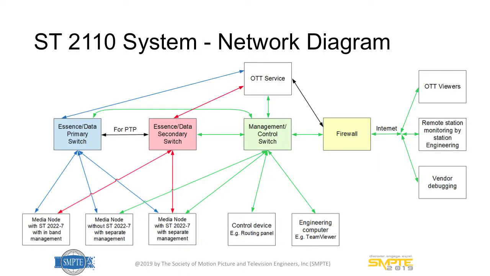So even though we often have separate physical networks, the primary, the secondary, the red, the blue, and the management, logically these are often connected, so they form one big network. We have to be careful from a security point of view that you can't get from one to the other.